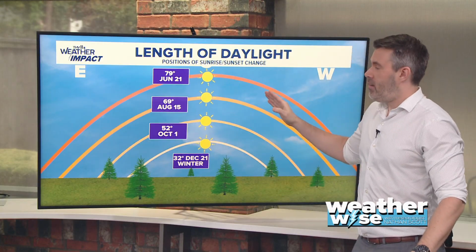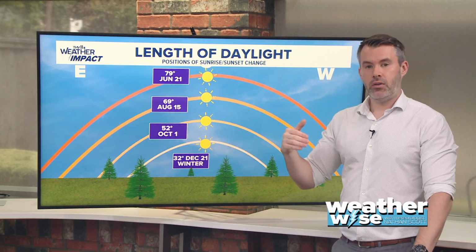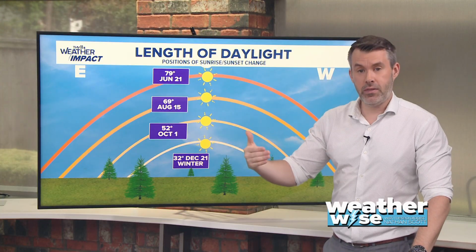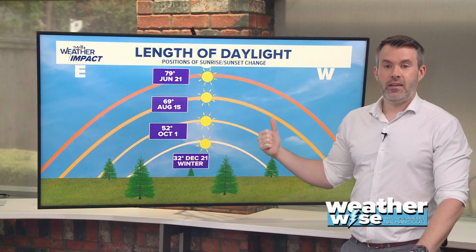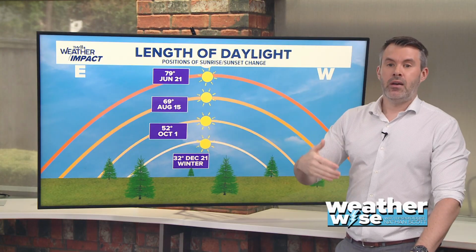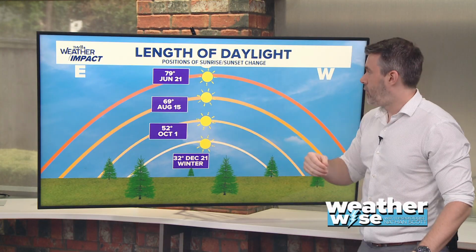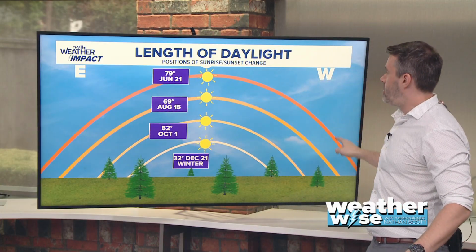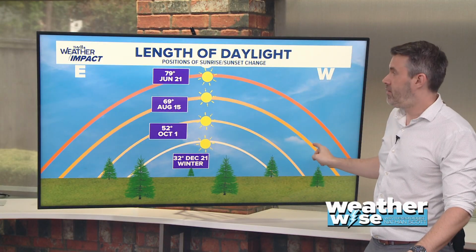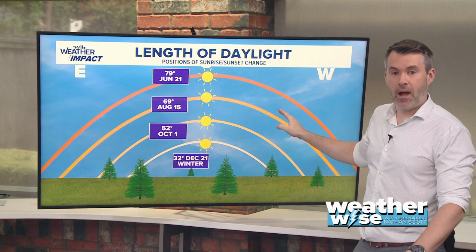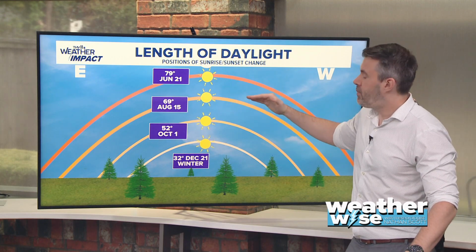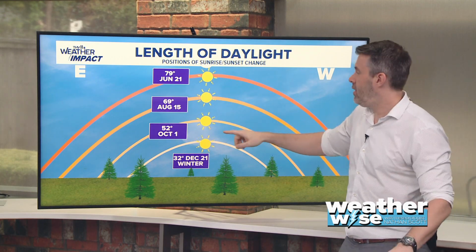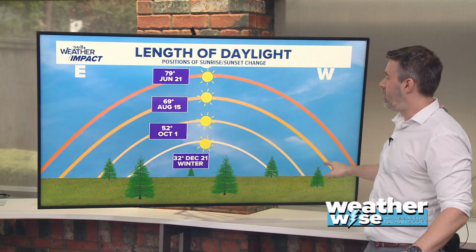But summertime, the sun rises more towards the east-northeast, and then it sets more of a west-northwest. So we have a big arcing nature to the sun's path throughout the day. And then as we get into more the fall season, you see the arcing nature gets a little bit lower.